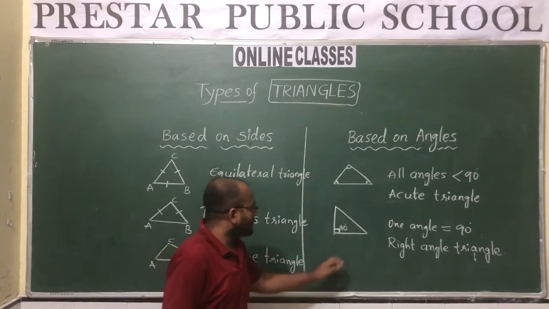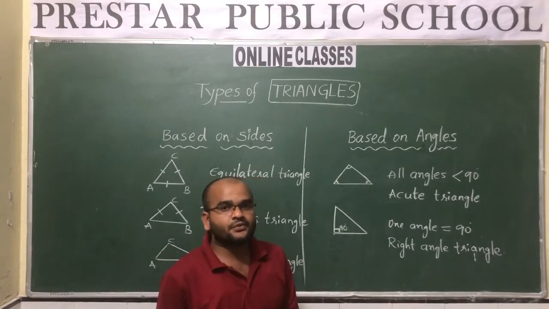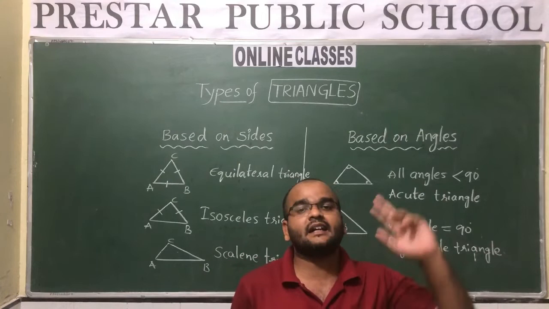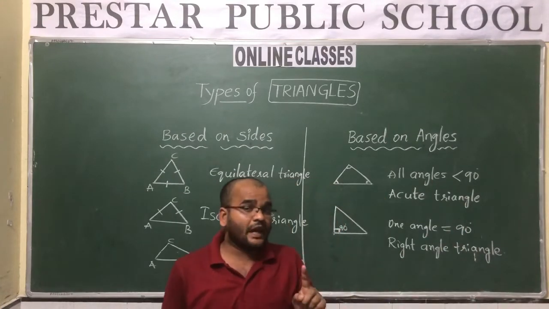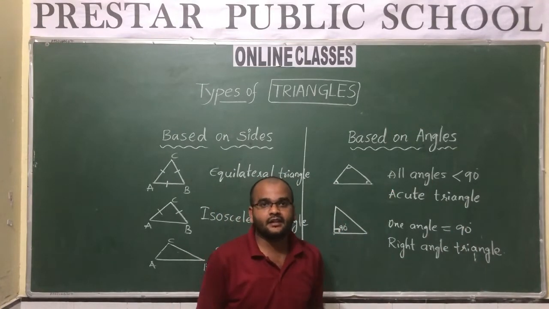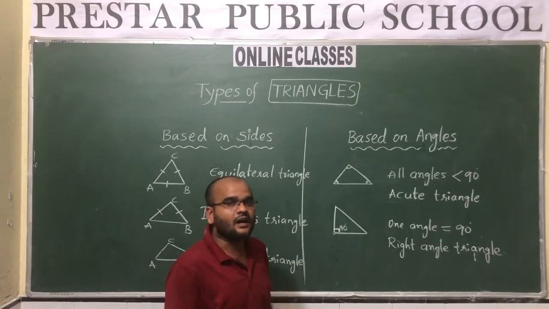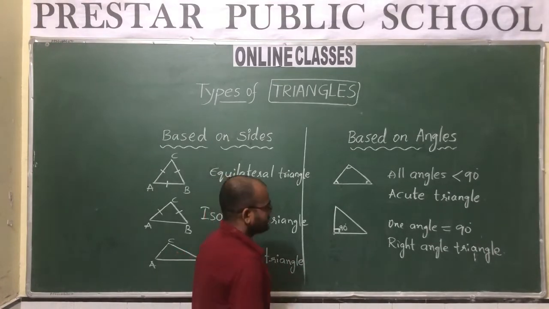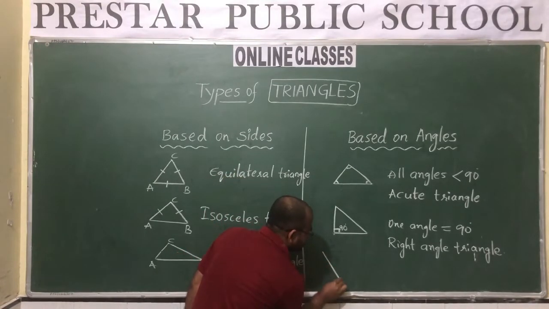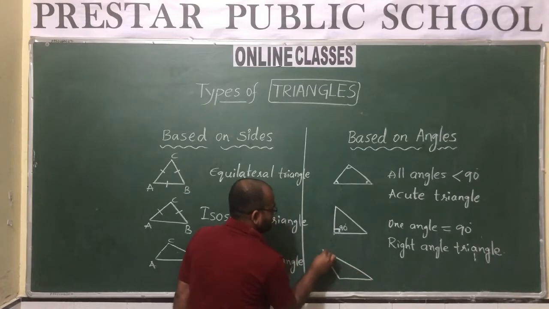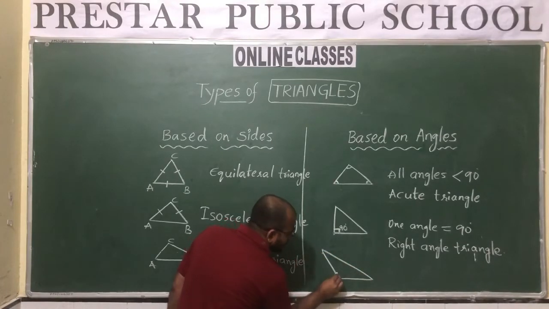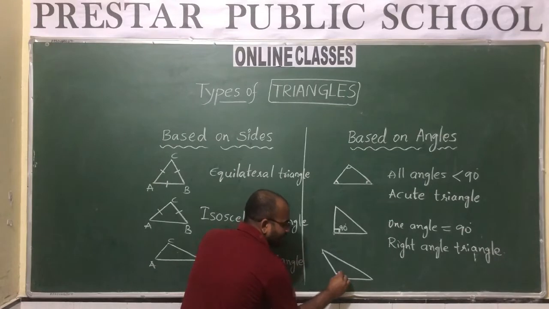Okay. Now the last one. If any one angle is greater than 90, then that type of triangle is called an obtuse angle triangle or simply obtuse triangle. Okay. See here. In this triangle, here the angle is, for example, let us take 100 degrees.